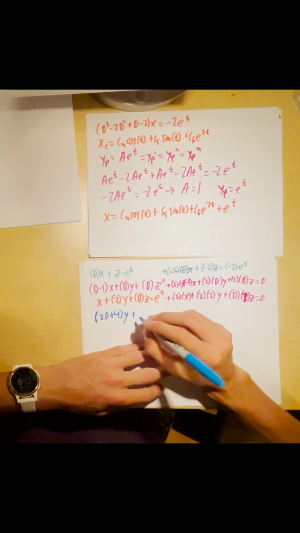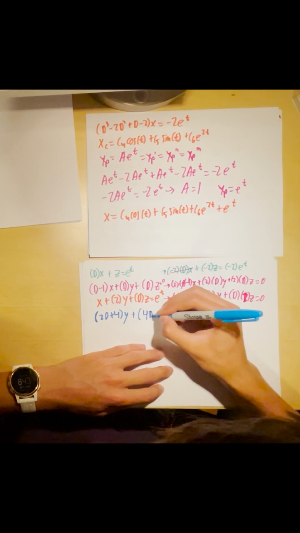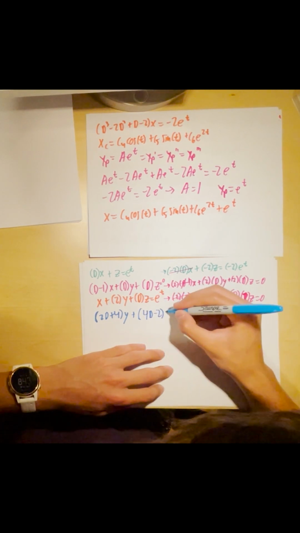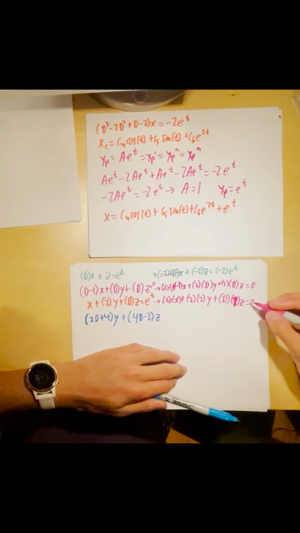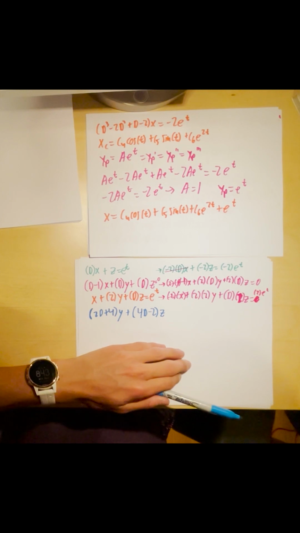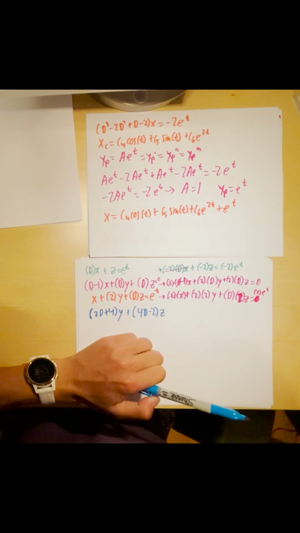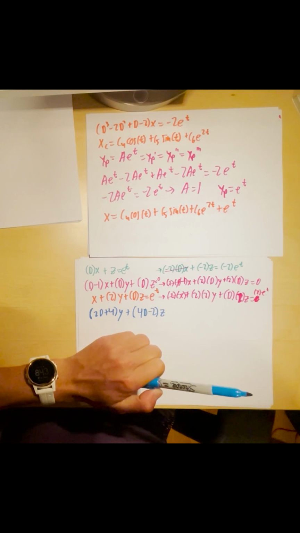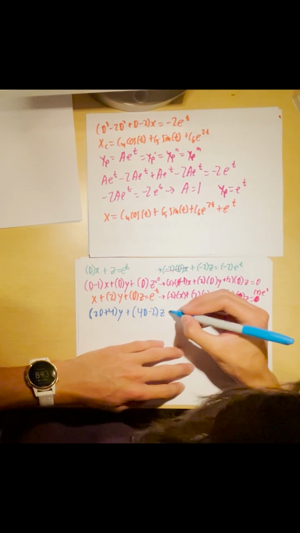We can factor out the differential operators and the coefficient of z once again to get 4d minus 2 times z. And this doesn't equal 0. We multiplied through by 2, so this will equal 2 times e to the t. Once we combine all of these terms, the -2z will cancel with the positive 2z, and it's going to equal 0.